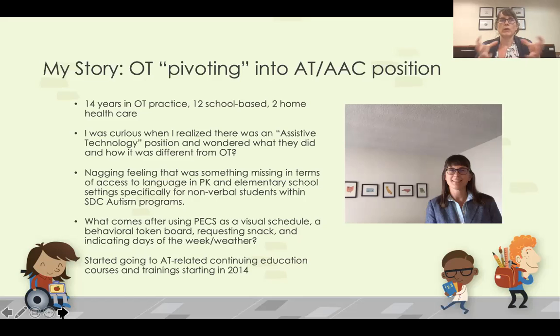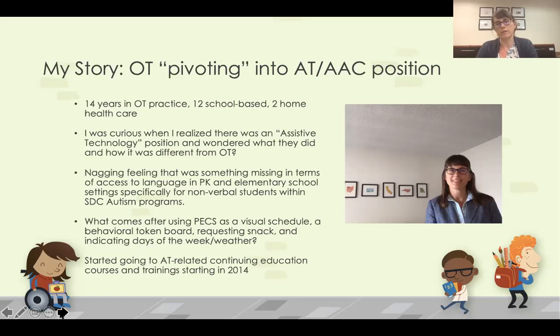And then the other piece to my interest in assistive technology was just having some nagging feelings about working with kids with autism, and thinking that there's got to be something else to accessing language versus just using the PECs as a visual schedule, or just using it for requesting snack, or just using it as a token board.